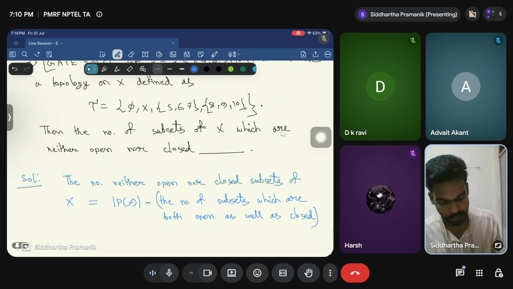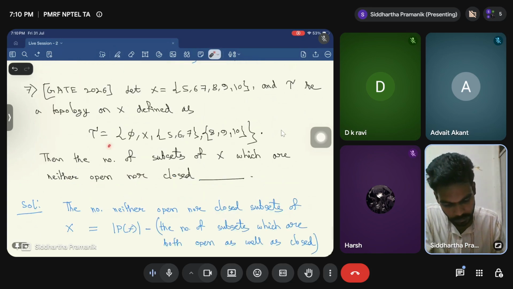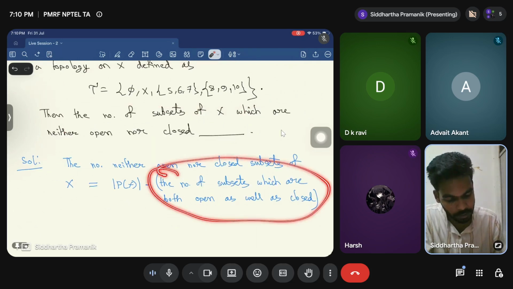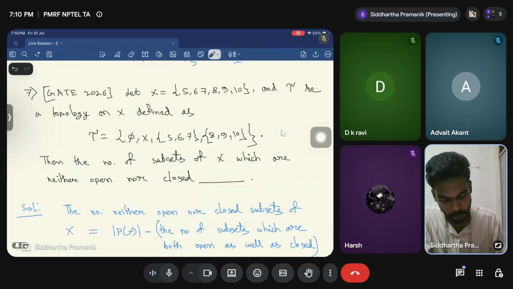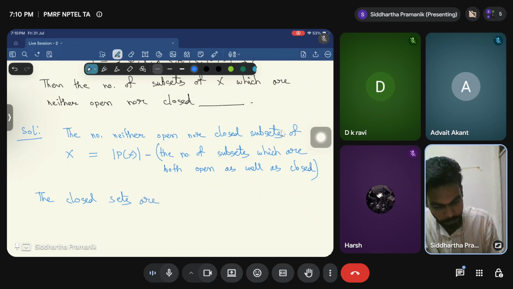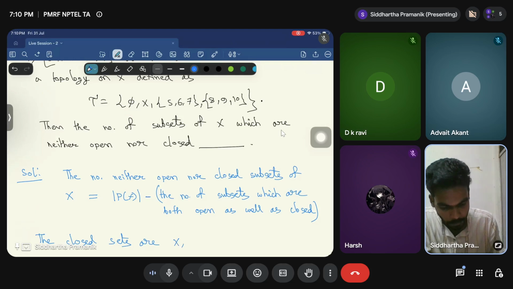So which sets are both open as well as closed? If you just see this topology here, in this case counting this complement will be easier. What will be the closed sets? You just take the complements of the open sets. So complement of phi is the whole set, so first I will write X. Complement of X is the empty set.